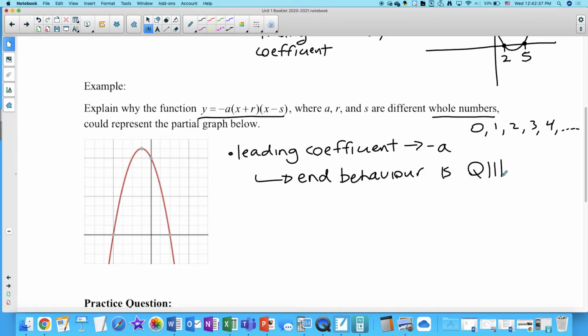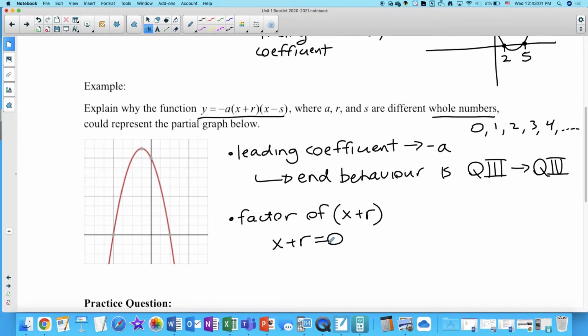Okay, then we also have a factor of x plus r. If that's a factor, that means that x plus r equals 0 will give us one of our x-intercepts. Now, for this to be true, x has to equal negative r.